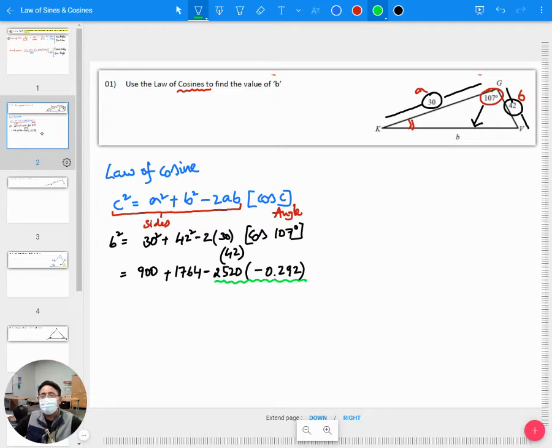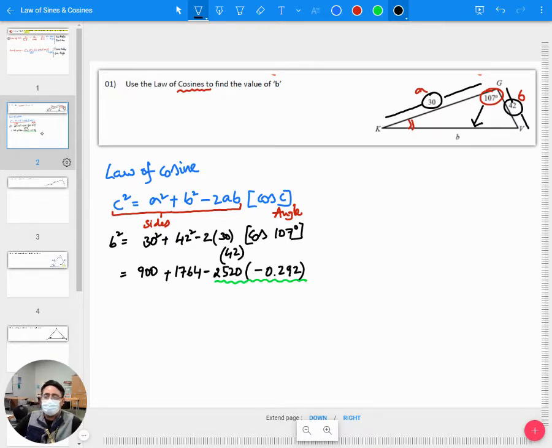Therefore, negative 2520 multiplied by negative 0.292 is 735.84.